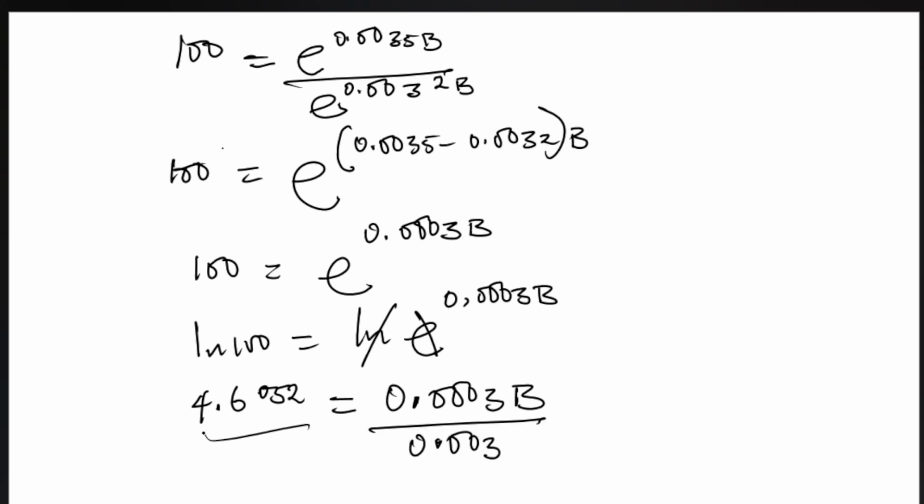You divide here by 0.0003. So what are you now left with? You are simply left with b, you will simply punch your calculator, 4.6052 divided by 0.0003, and your b will simply give us 15350. If the answers are correct, drop a thumbs up on the comment section.